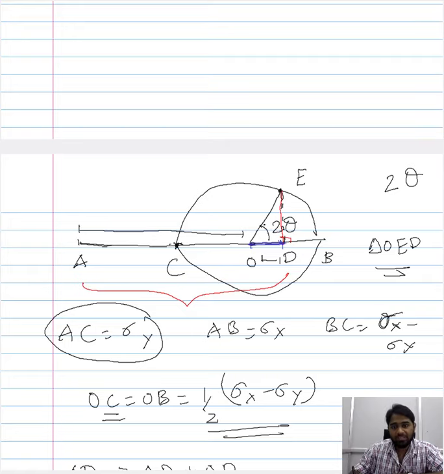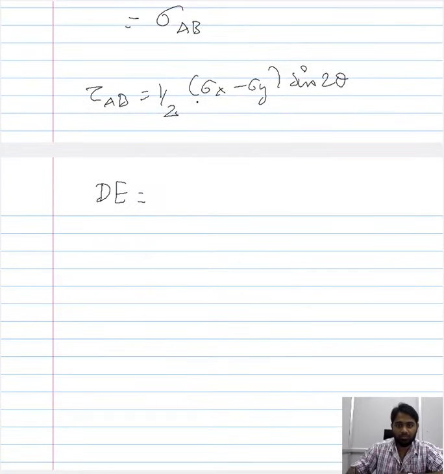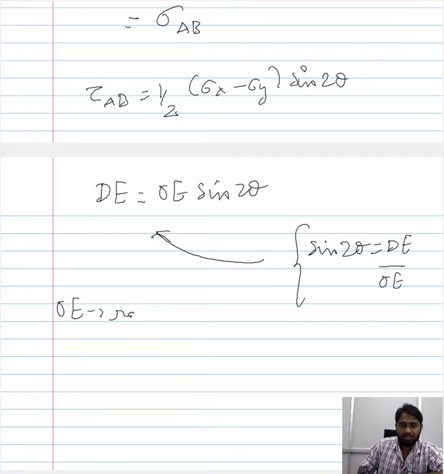Now if you consider sine 2 theta, it would be opposite by hypotenuse, so sine 2 theta would be DE by OE. If you substitute this relation, DE can be expressed as OE sine 2 theta, and we have seen OE is nothing but the radius of the circle, which is 1 by 2 (sigma x minus sigma y).